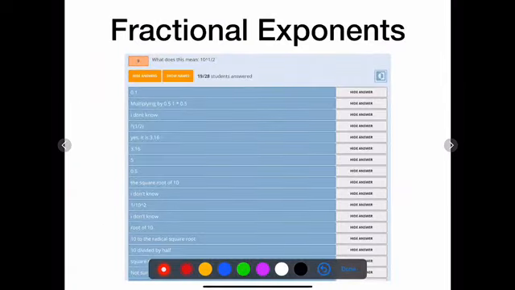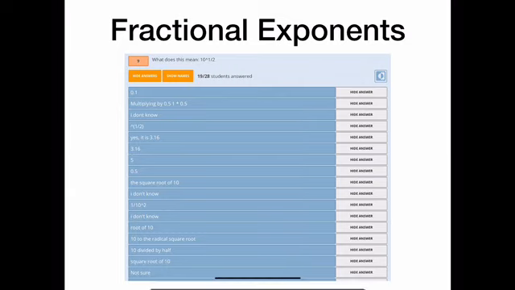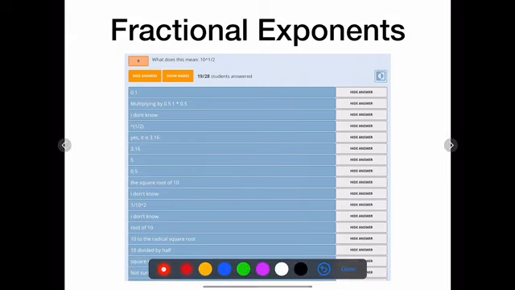Now, just to look back, earlier last week I asked you a question. I asked you what 10 to the power of 1/2 was, and my goal was not to get that precise answer, but to see who could understand what a fractional exponent was.